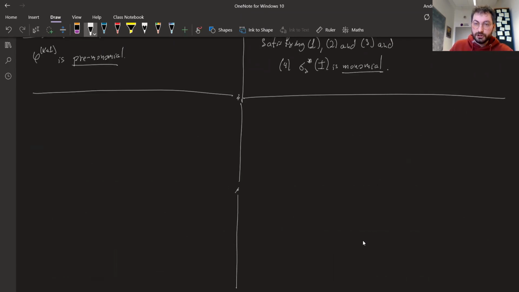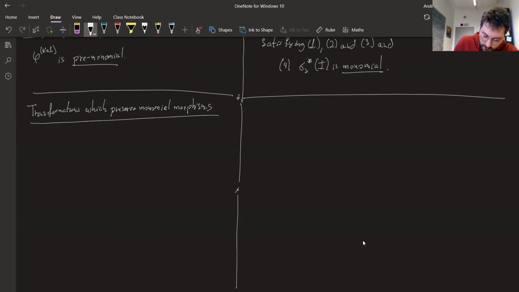When we talked about local resolutions, we started by talking about combinatorial blowings up. It was very, very useful for us. And here we're going to try to understand what are the morphisms that we're searching for, right? Combinatorials are going to be some of them, but we might want something more. So, morphisms preserving monomial transformations.